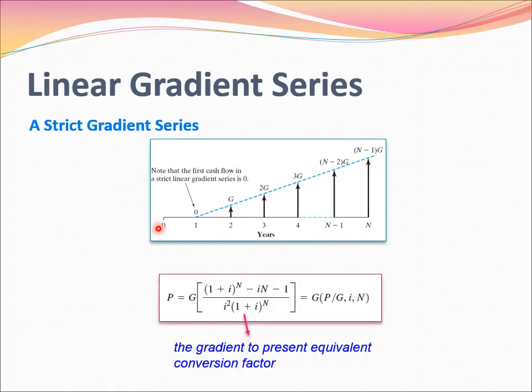The structure of the linear gradient series can be seen better in this cash flow diagram. As you can see, at the end of the first year, there is no cash flow, it is 0. You may ask why it is 0, why it does not start from G. Actually, this formula is developed for this structure.